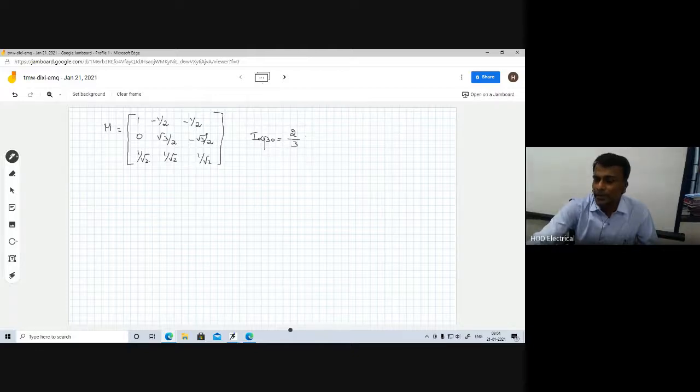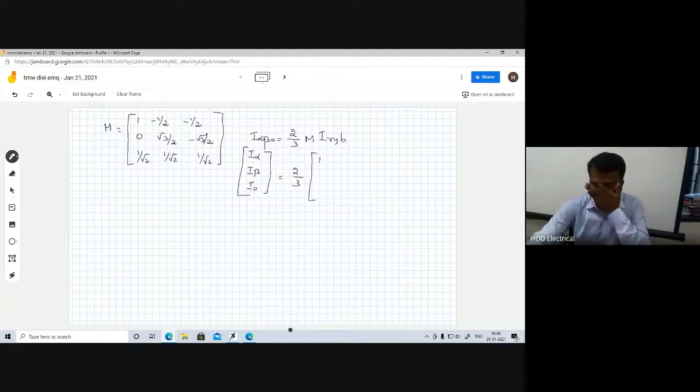So we can write I alpha, I beta, I naught equal to 2/3 into that matrix, into the matrix IR, IY, IB.